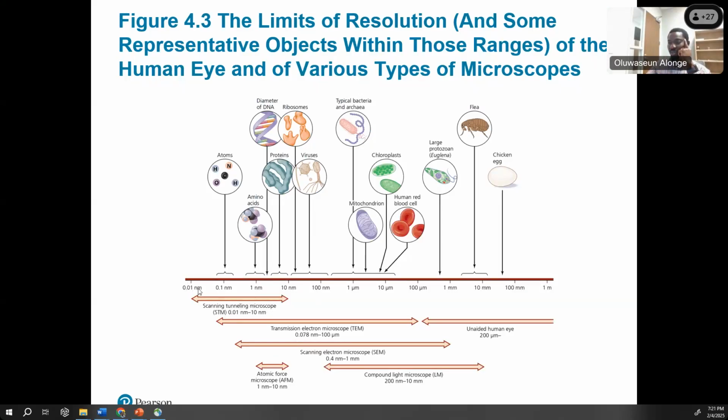You can see between 0.01 nanometer to 10 nanometers. Then the transmission electron microscope is able to see between 0.1 nanometer to 100 nanometers. So that tells you what you can get at best in each of them. All right, and those are images taken from those microscopes at those resolutions.